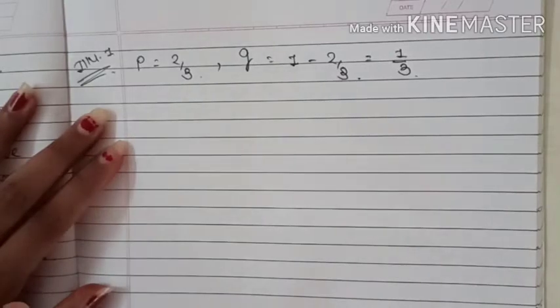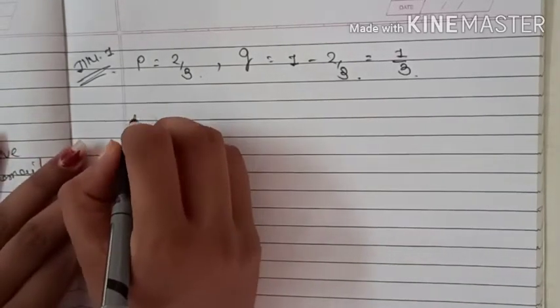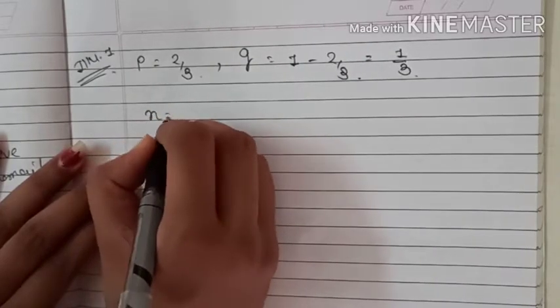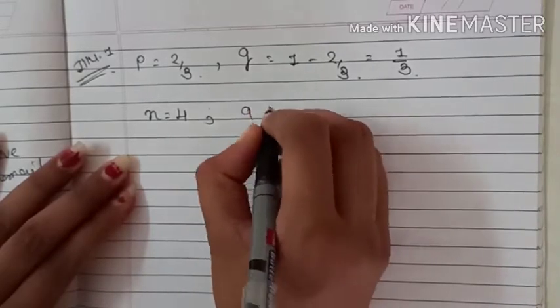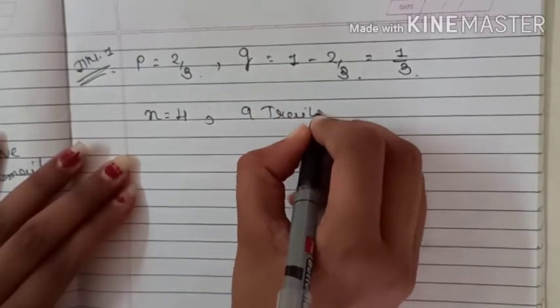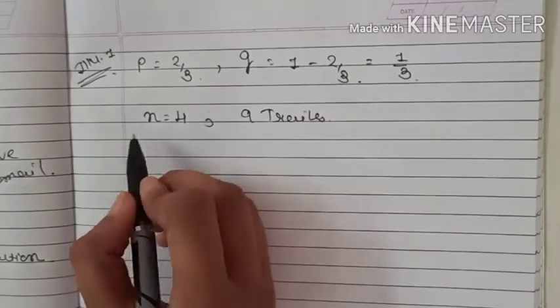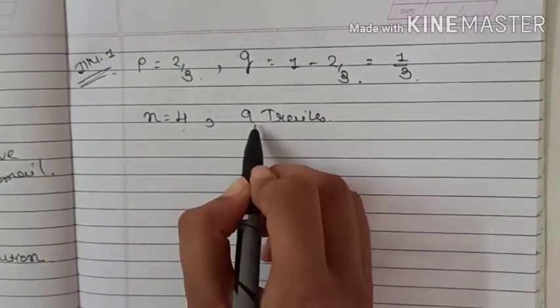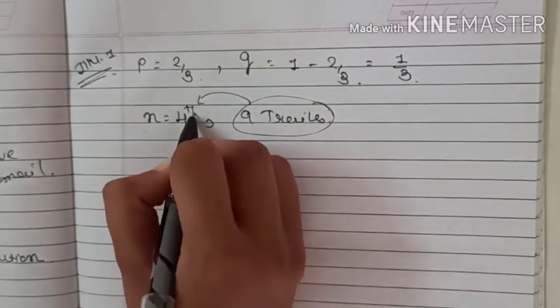We have to find out that he will hit the target the fourth time. So n will become 4, and within 9 trials he will hit the target at the fourth success.